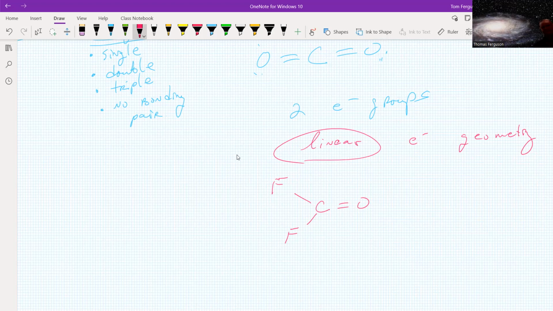All right, so let's analyze that carbon in the middle. How many electron groups are there surrounding that carbon? We have 3, 2, 4. No one's going to say 6. It's 3.